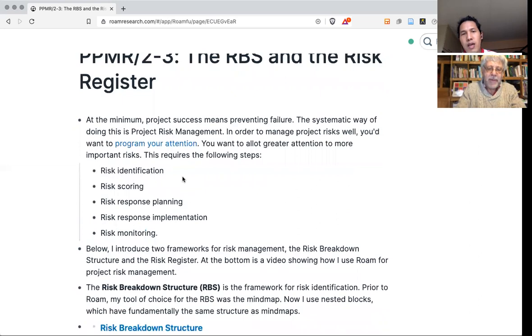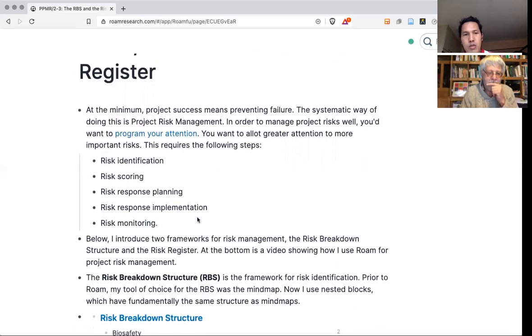First, we want to identify the risks, as many as possible. Then we will prioritize them by risk scoring, and then we will plan out what we will do first to mitigate the risks, meaning to lower their probability or lower their impact, and also to think in advance what we will do for our contingencies, and how we will implement those.